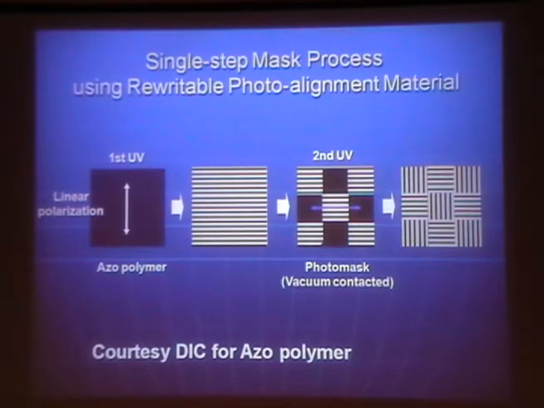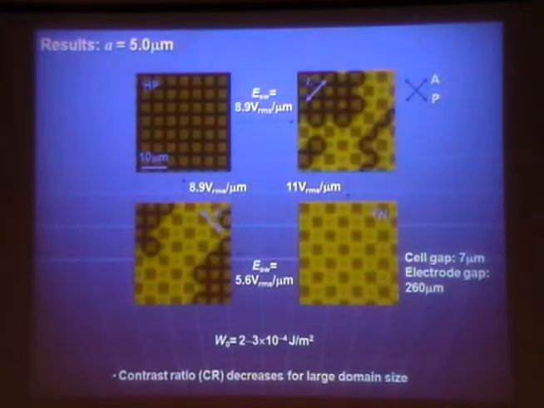So a single photo alignment process using a solid mask of 1 micrometer aperture. This is what we did. This is a fairly big aperture, and so you can see the process integrity is fairly good. And this is the dark domain situation. This is the intermediate, and this is the bright situation.